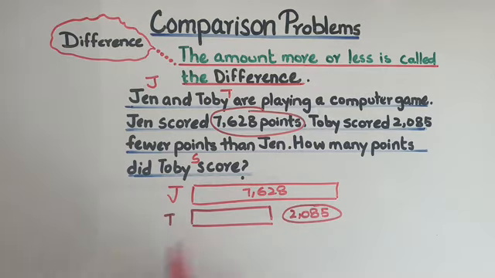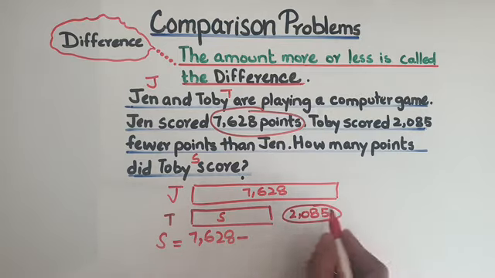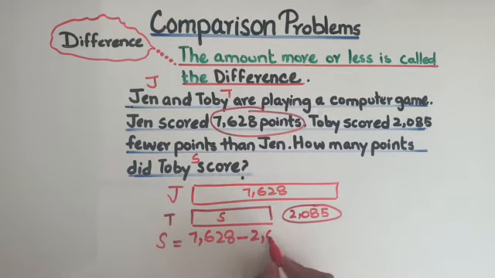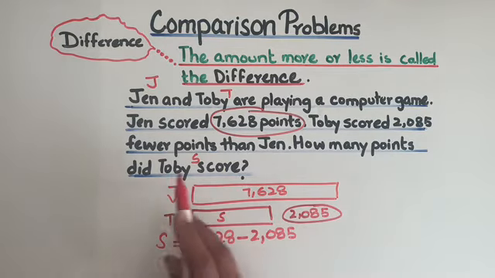Now we have to find how many points Toby scored. So Toby's score is S. We need to find the exact score of Toby, and that's why I'm going to use S for this. I'm going to keep this S on the left side of the equation because this is what we need to find. Toby's score is 7,628, which is Jen's score, minus 2,085, because Toby scored 2,085 fewer points than Jen.